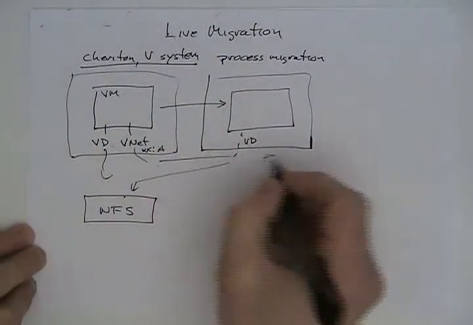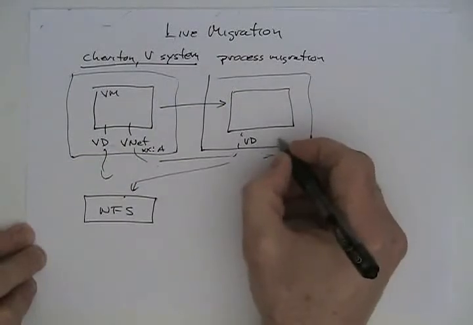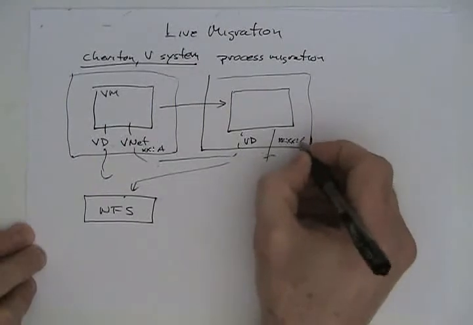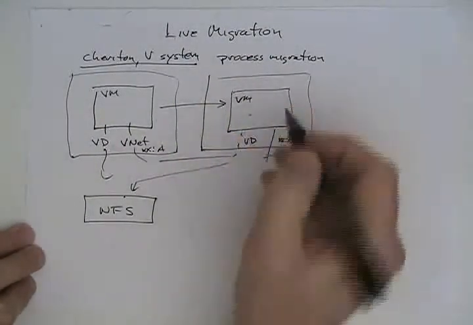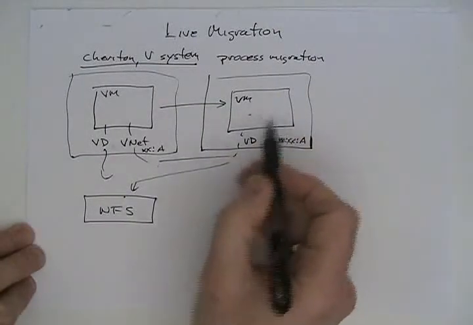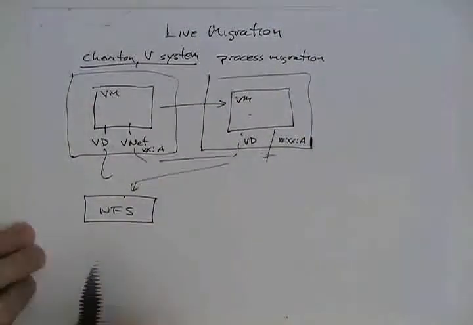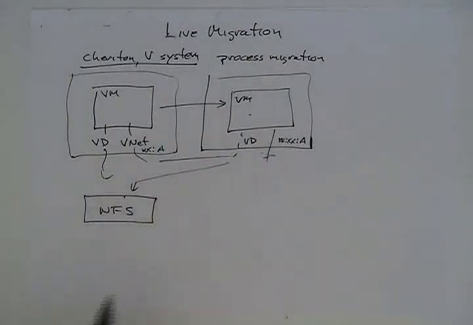We could take that Ethernet address and put it over here, and then we start executing the virtual machine here, and it's been migrated.